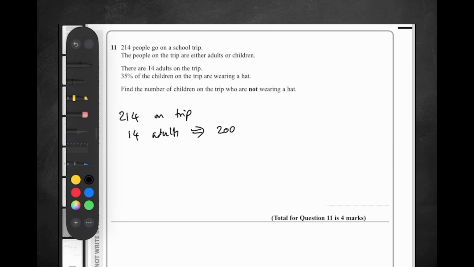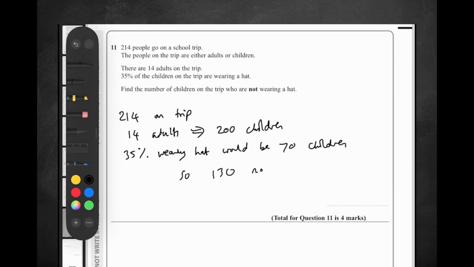So that would leave 200 children. 35% wearing hat would be 70 children. So 130 not wearing hats.